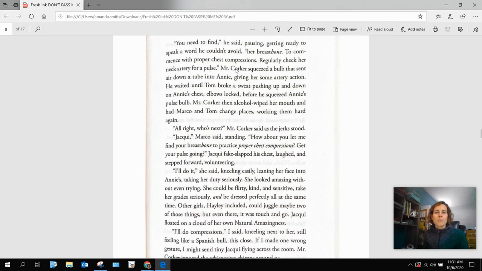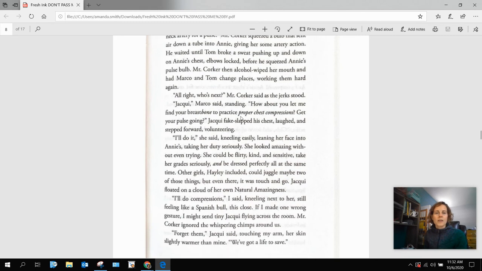Mr. Corker squeezed a bulb that sent air down a tube into Annie, giving her some artery action. He waited until Tom broke a sweat, pushing up and down on Annie's chest, elbows locked, before he squeezed Annie's pulse bulb. Mr. Corker then alcohol wiped her mouth and had Marco and Tom change places, working them hard again.